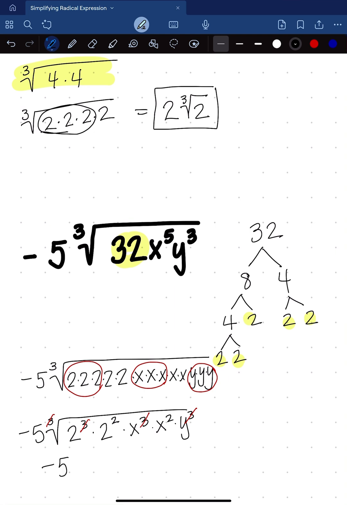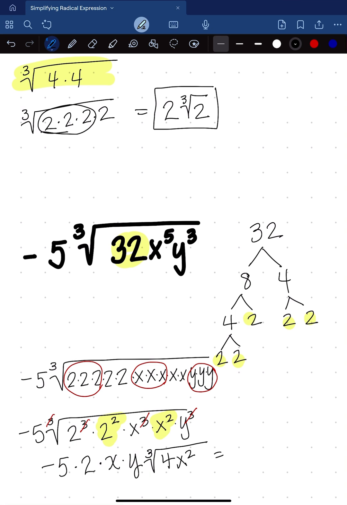So I already had a -5. I can take out a 2. I can take out an x, and I can take out a y. And what's left under the radical that are not perfect cubes is 2 squared and x squared. So I can leave those under the cube radical. We know 2 squared is equal to 4, and then we just have x squared.